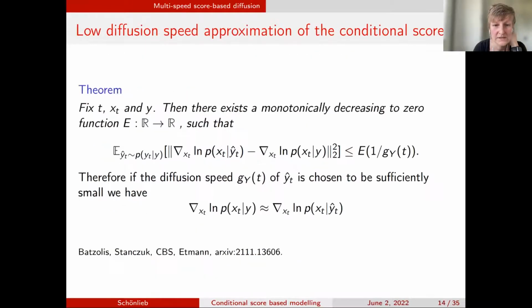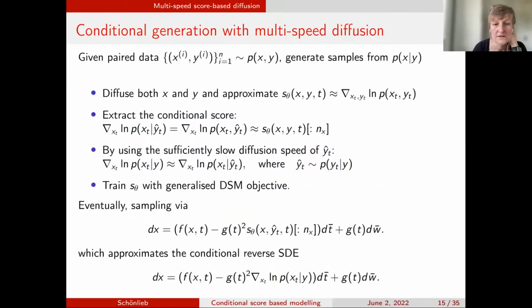This is just written down again more precisely. If you choose the diffusion speed small enough, then these two quantities are close to each other, because you can bound them by 1 over the diffusion speed. So this is the idea.